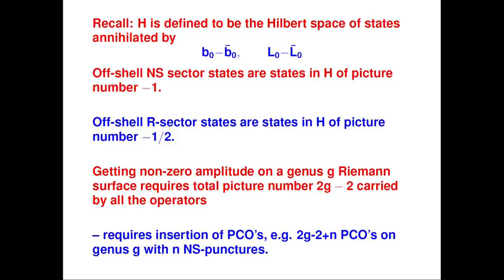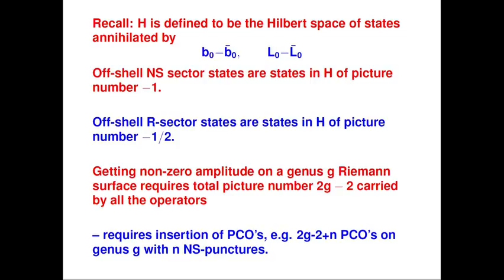As an example, let us consider a genus G amplitude with n NS sector states. Now, n NS sector states will carry a total picture number of -n, but to get a non-zero correlation function we need total picture number of 2G minus 2.